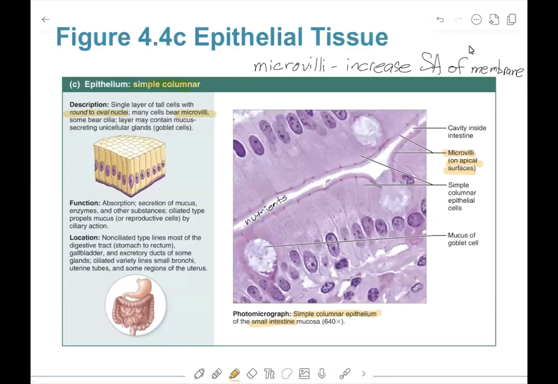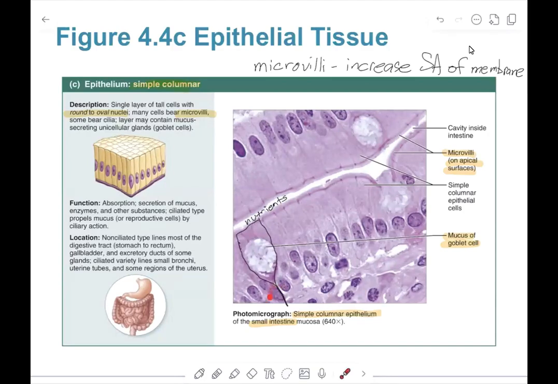Also found in simple columnar epithelium is mucus that's produced by goblet cells. It's kind of funny. They describe them as goblet cells because they appear like the goblet of a wine glass.